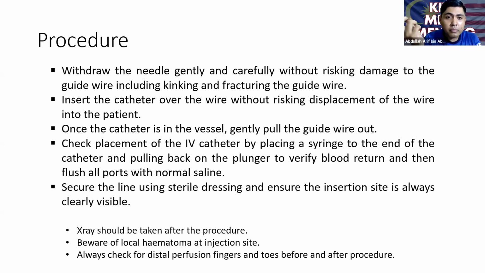After that, you check again whether blood comes from the vein or not. If you find blood, you can secure the line using the sterile dressing and dress the side of the part.